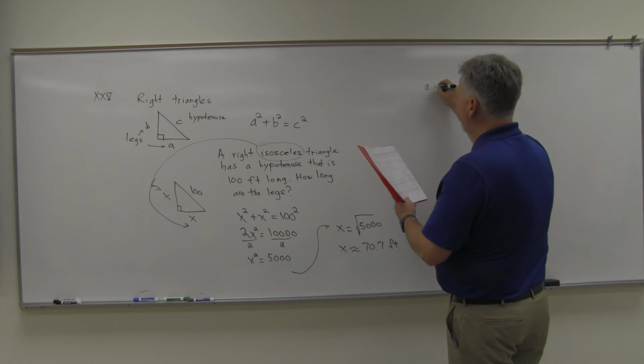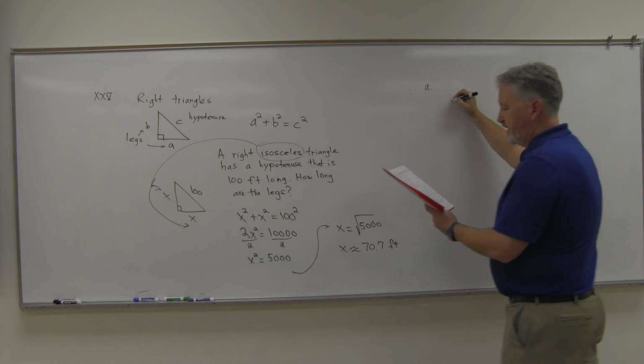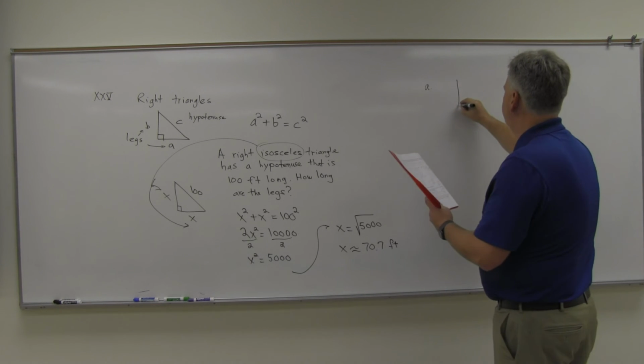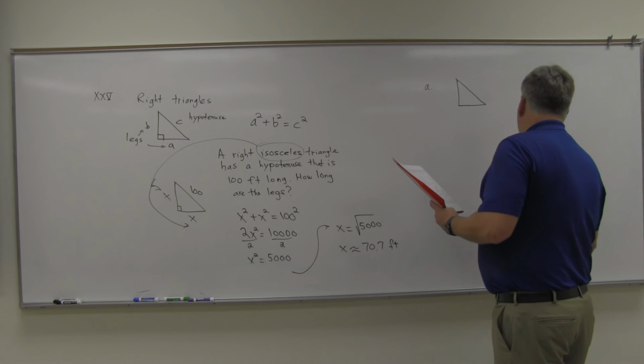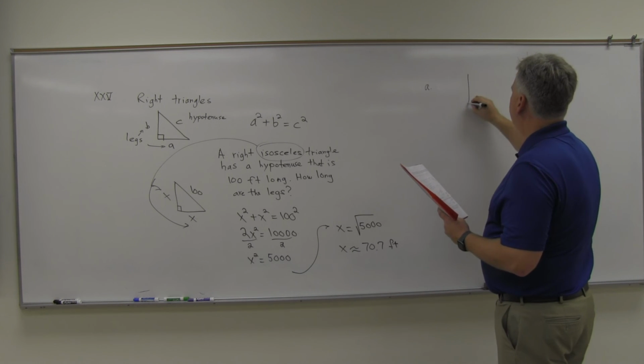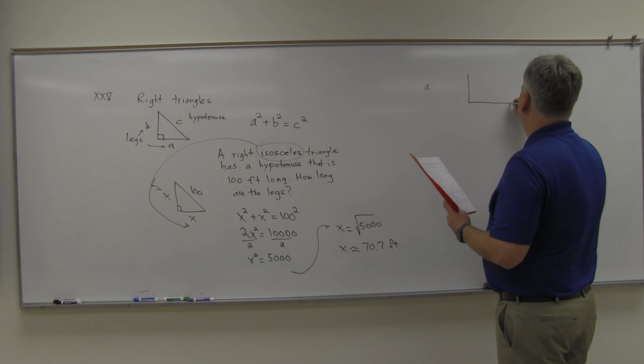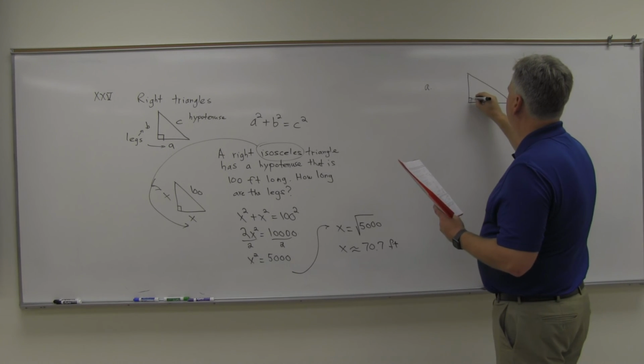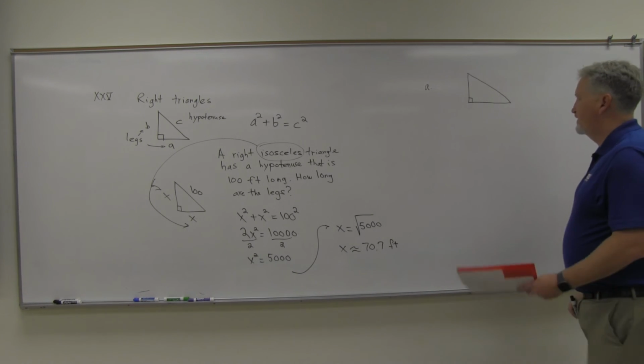All right, so the A one is a little different. One leg of a right triangle is 10 inches longer than the other. Let me draw it where one leg is longer than the other.